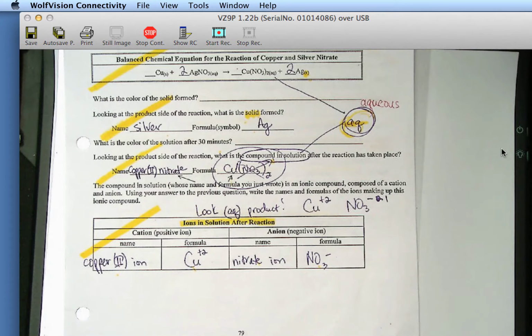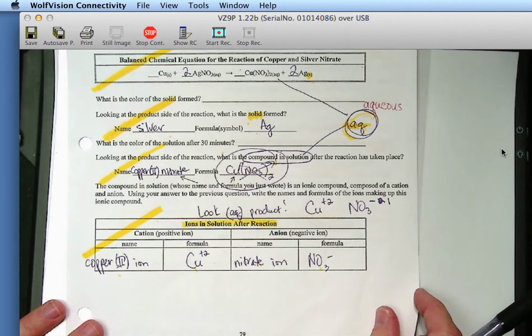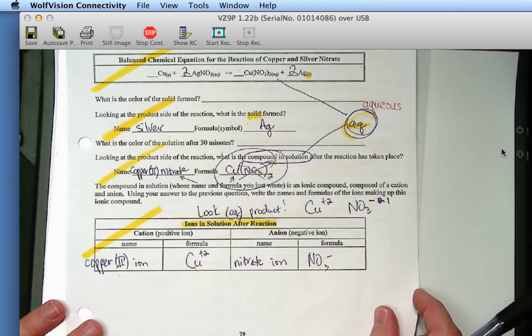And then the anion is nitrate ion, NO3 minus. Look at it, it's an aqueous, AQ product.